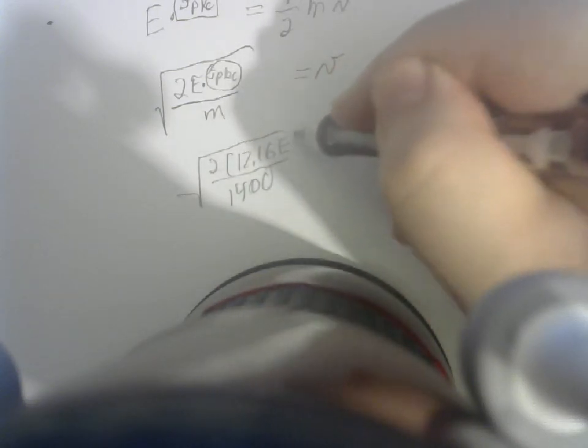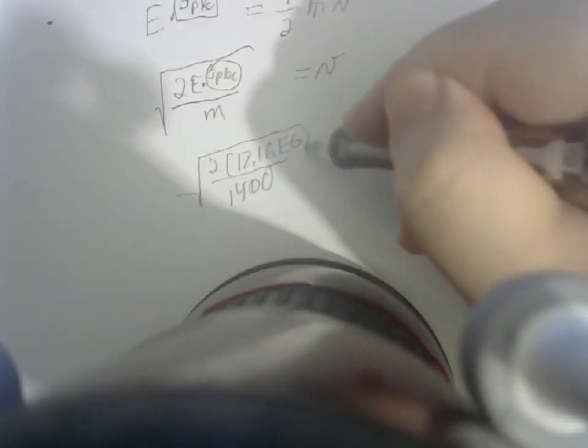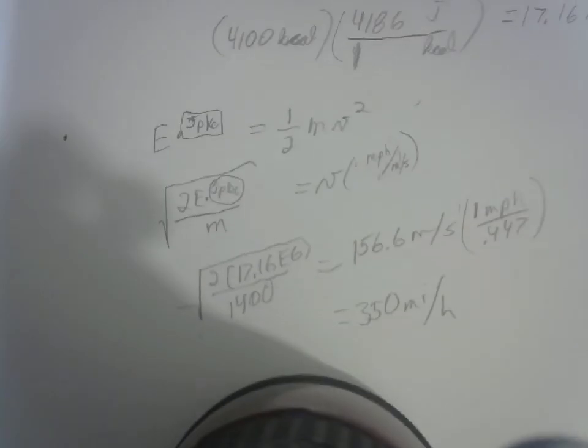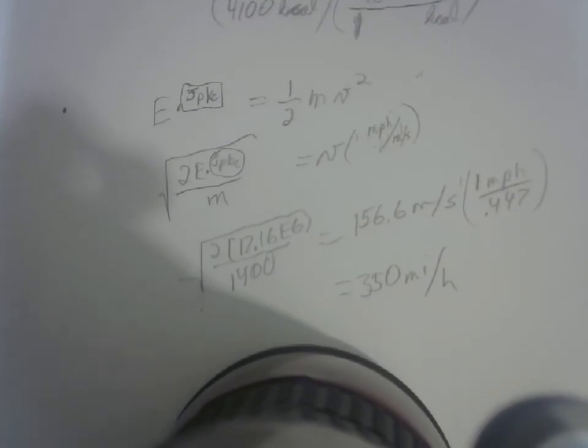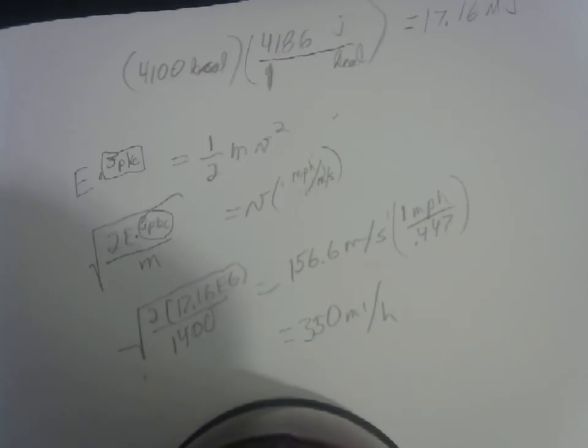We're going to take 2 times 17.16 megajoules E6 and get a velocity of 156.6 meters per second, and converting that into miles per hour, I got 350 miles per hour.